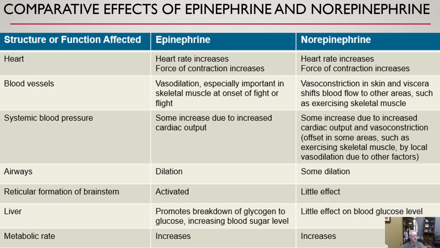So here's a chart of what happens with epinephrine and norepinephrine. Think of your sympathetic nervous system. This is what happens when you meet the bear in the middle of the woods. Your heart rate increases. Your heart starts pumping.